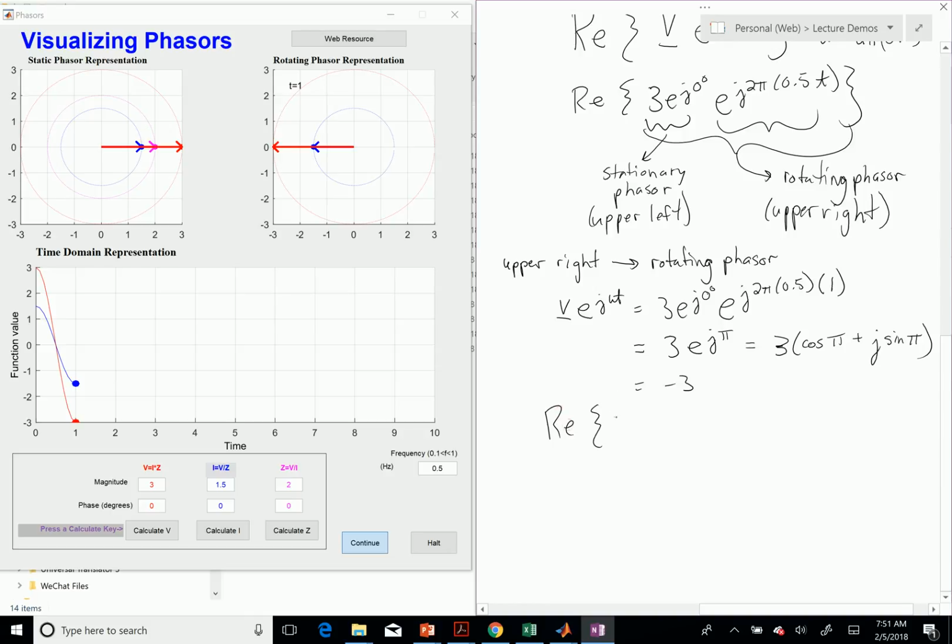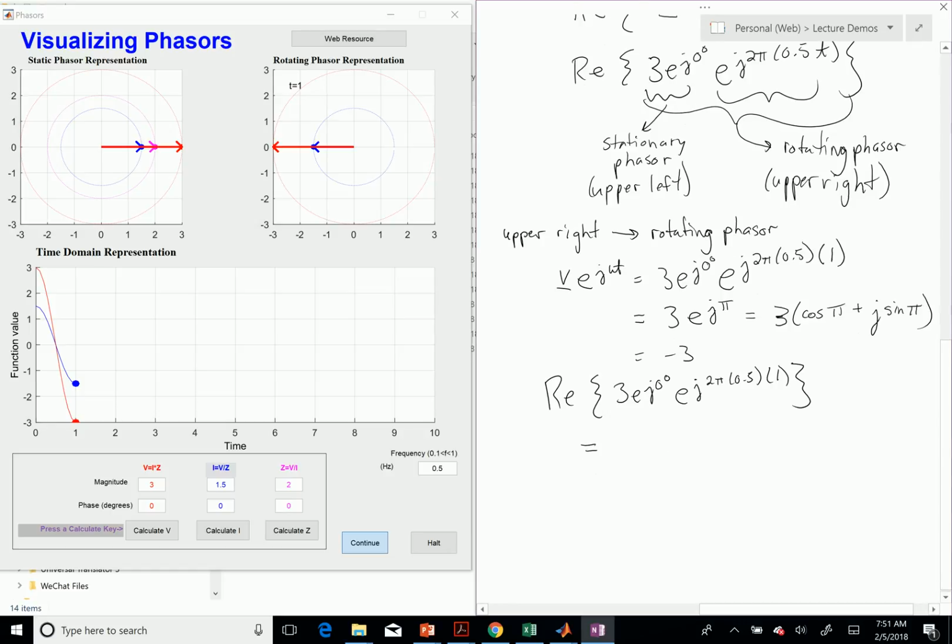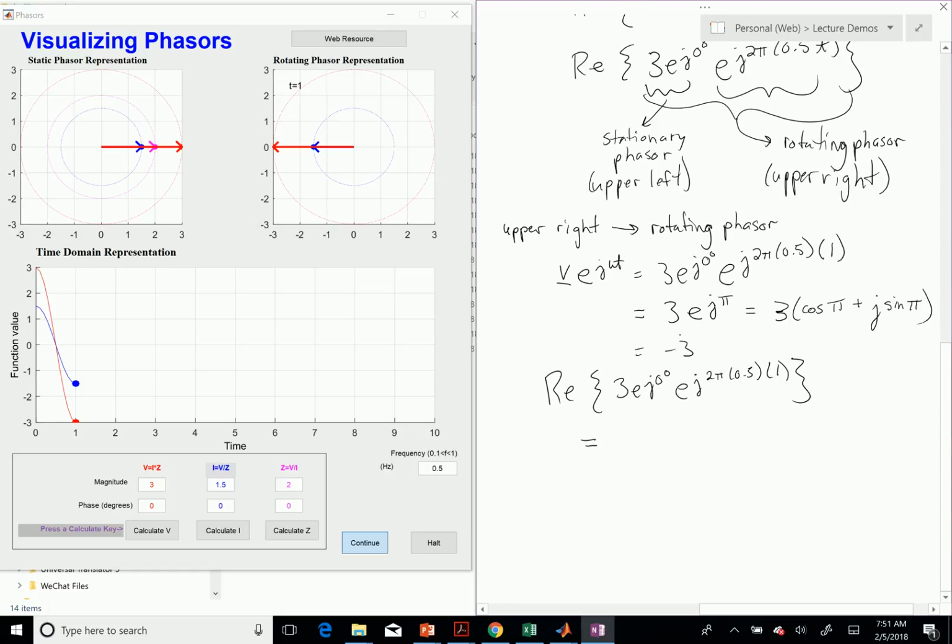Well, the real part of this guy is 3 e to the j 0 degrees, e to the j 2 pi 0.5 times 1, like that, right? If I go to my calculator and try to calculate this guy, I mean, I can see it from above, right? I don't even need to go to my calculator. I see that that's equal to -3, okay? So the real part of this guy is -3.